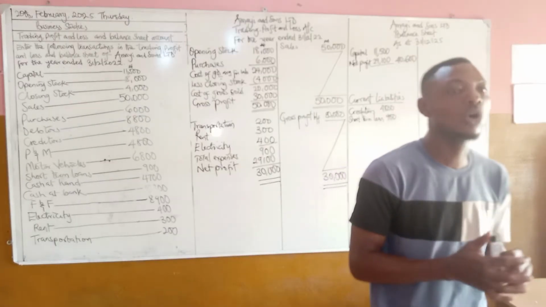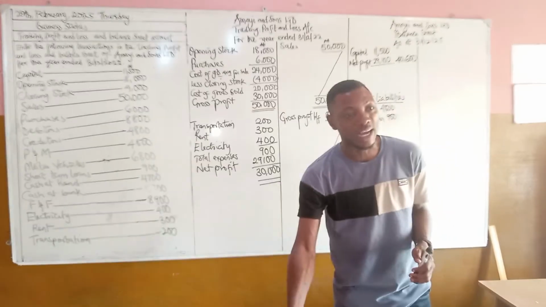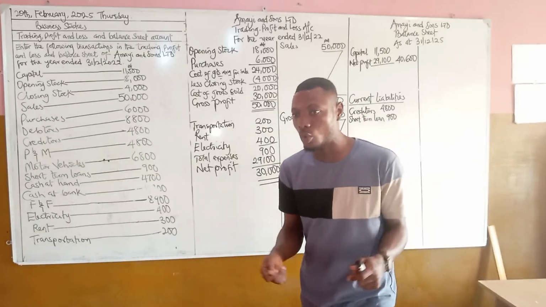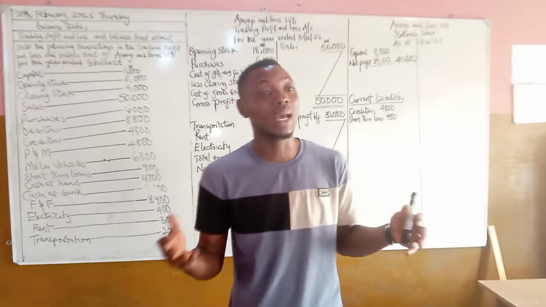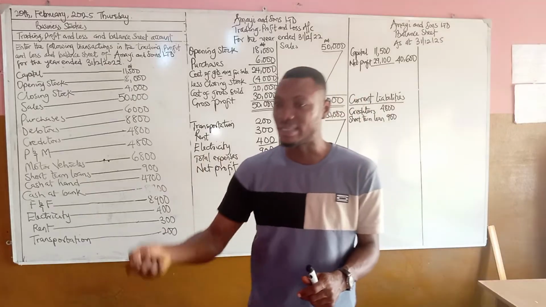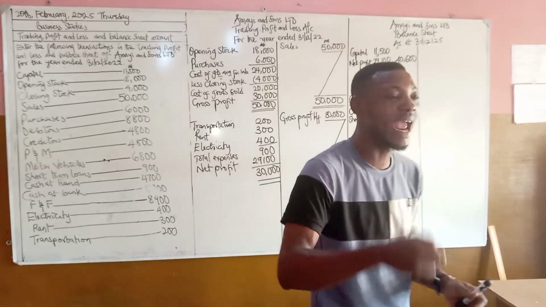Do we understand? Yes. So it becomes a liability because it is something that you need to pay back. It is something that you need to give back to the person that you obtained that particular loan from. Unlike long-term loan, it's not a current liability because you are not mandated. It is not compulsory that you must pay back the loan within a year.